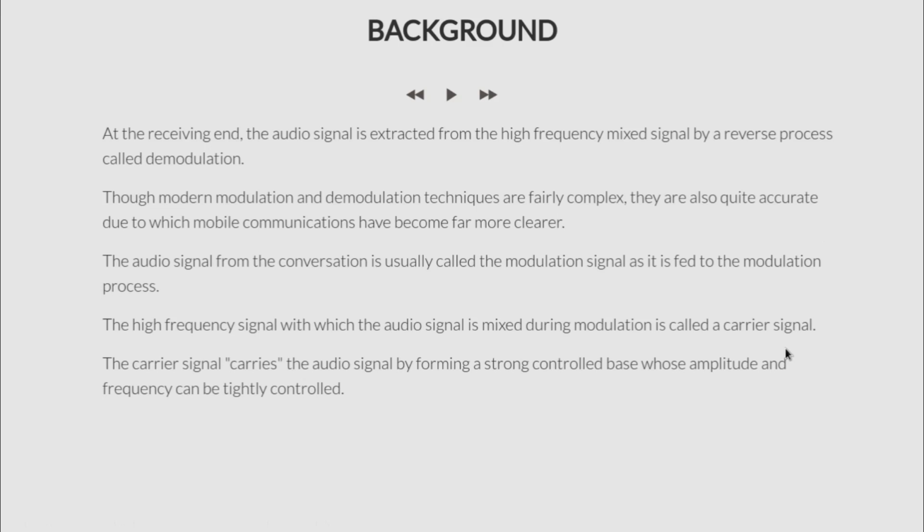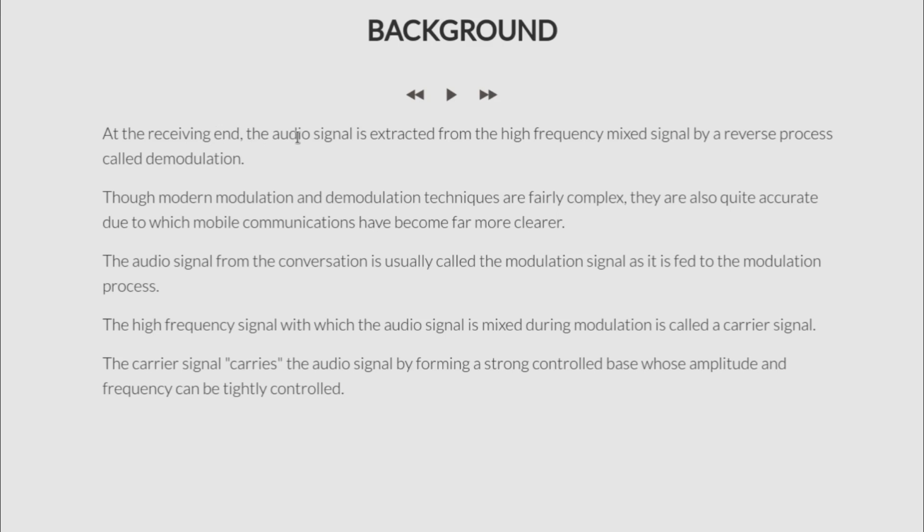Now at the receiving end, let's say for example the mobile phone picks up your voice, modulates it and transmits it. It goes through all these towers, it goes through the communication satellite, it reaches the other person. And at the other end, the transmission towers will finally give it to the other mobile. So the other person who's also holding the mobile and who's also listening and talking is now going to receive this modulated signal, the high frequency signal.